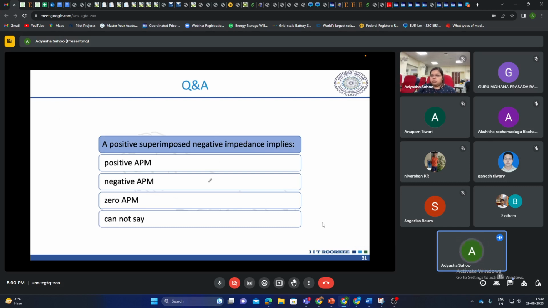Positive superimposed negative impedance. What do you infer from this statement?